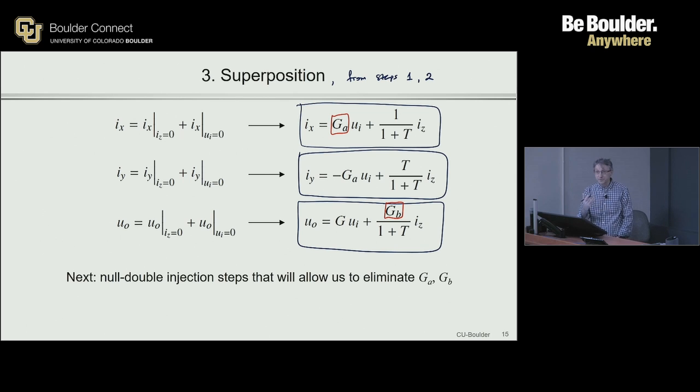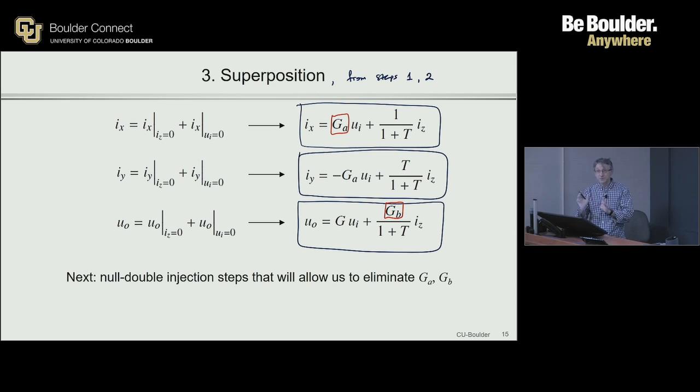They're auxiliary transfer functions in the process of deriving the feedback theorem, but ultimately, rarely would we care exactly what GA or GB really are. And so the remaining steps have the main purpose of eliminating GA and GB and putting everything in terms of these quantities that we do care about.